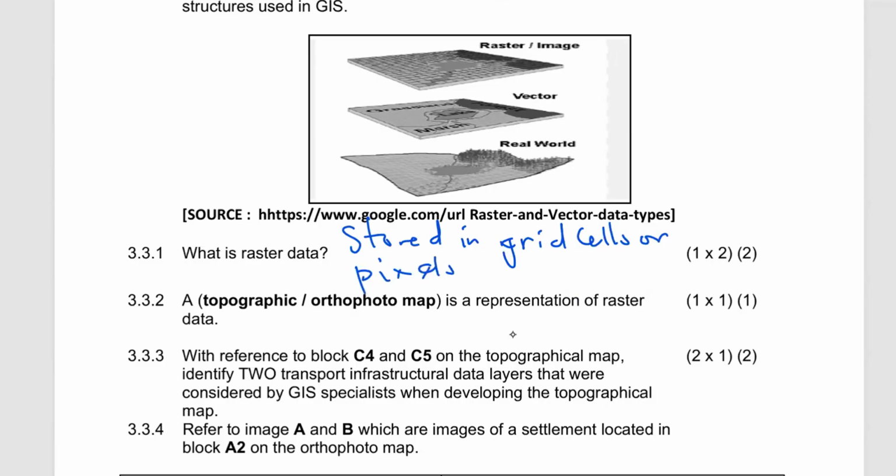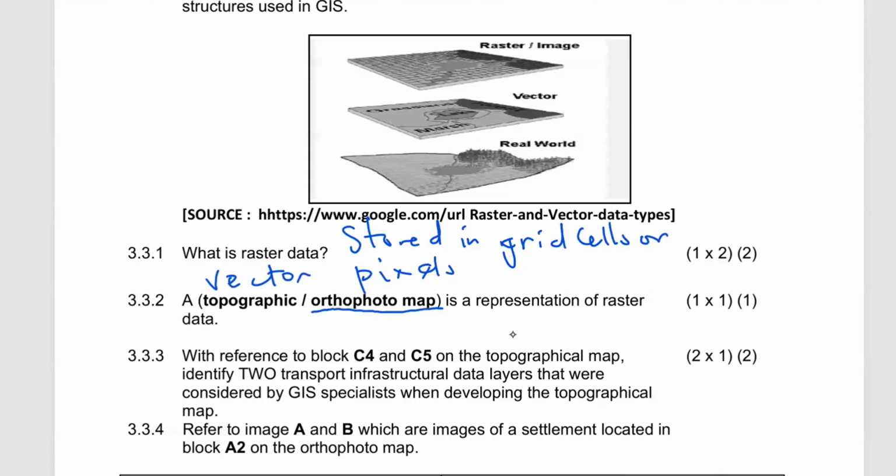That is raster data. So it's geographical data which is stored in grid cells or in pixels. Then a topographic or orthophoto is a representation of raster data. It's an orthophoto map. Or topographic is a vector data.